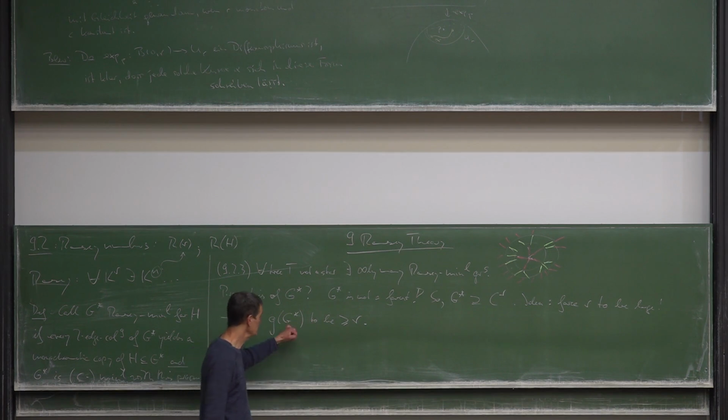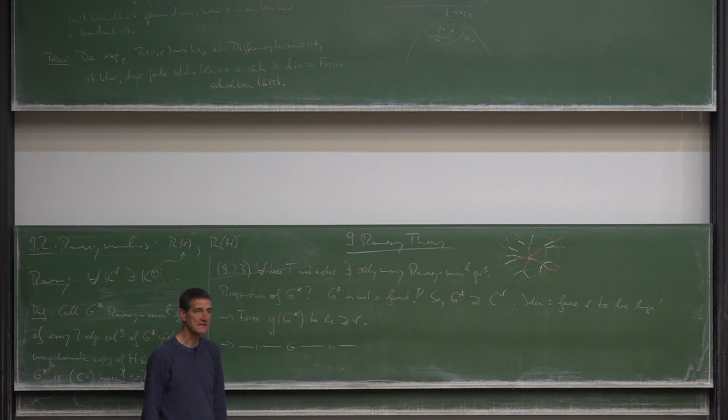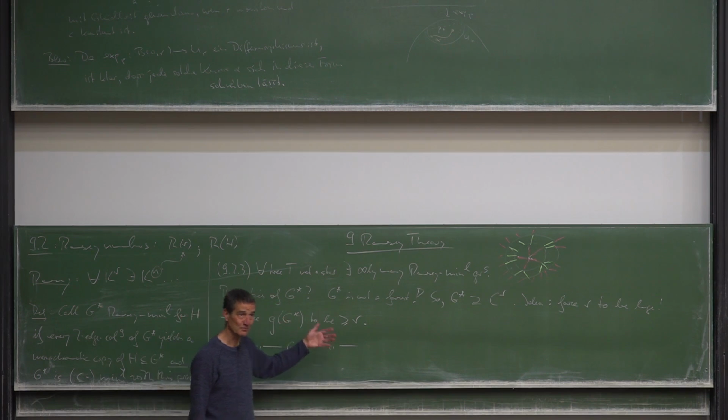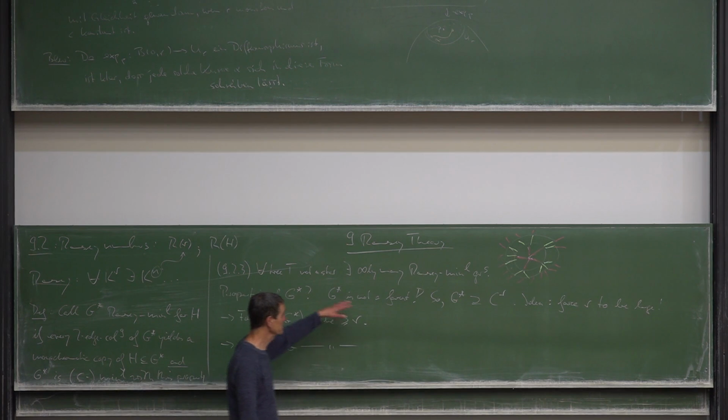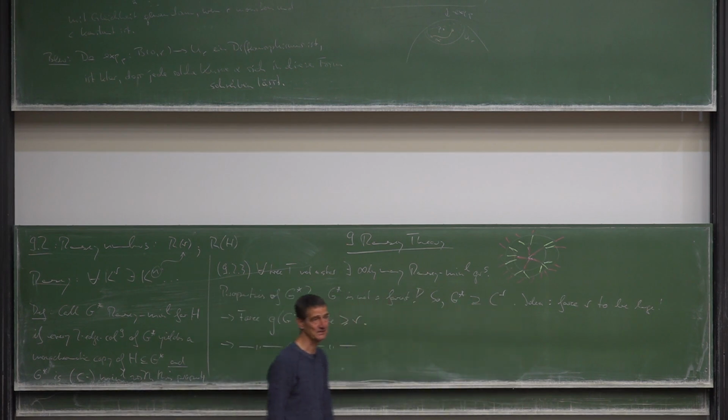So whichever G star we get to inside a graph G of girth at least R will either be a forest or it will have girth at least R. And it must contain a cycle, so it will contain this long cycle that we wanted.